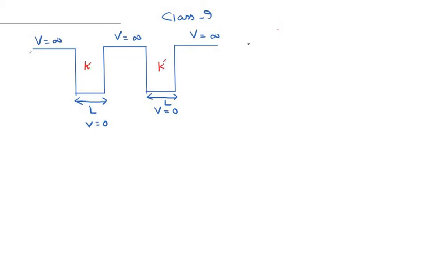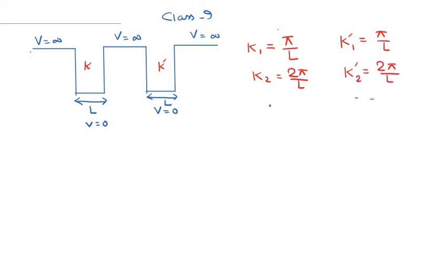The first state corresponds to k1, which is equal to pi divided by L. The second state of this well corresponds to k2 equal to 2 pi by L, and so on. Similarly, for this well, the first state corresponds to k dash 1 equal to pi by L. The second state corresponds to k2 dash equal to 2 pi by L, and so on.